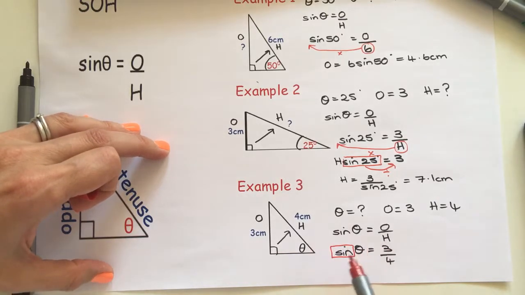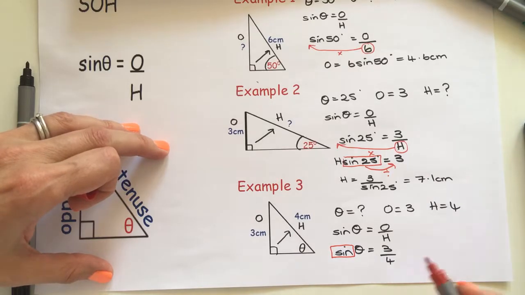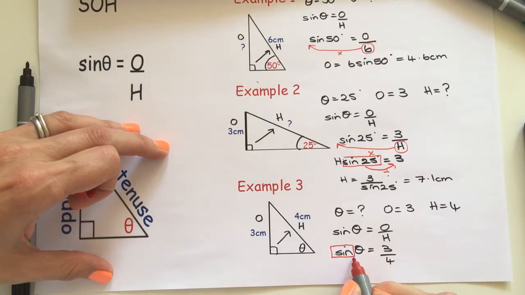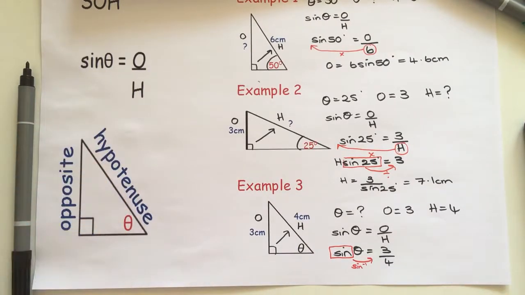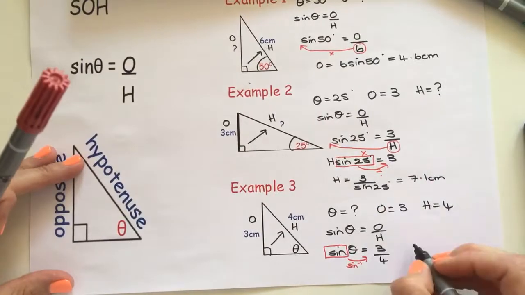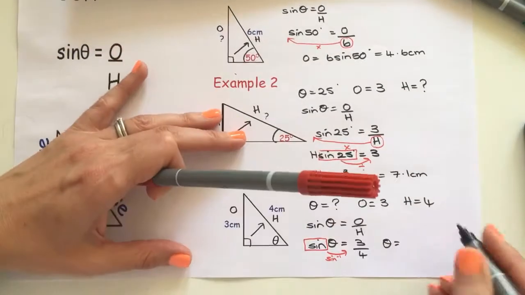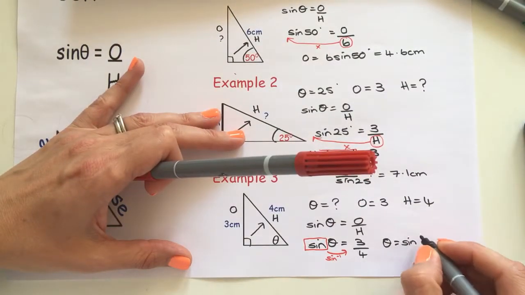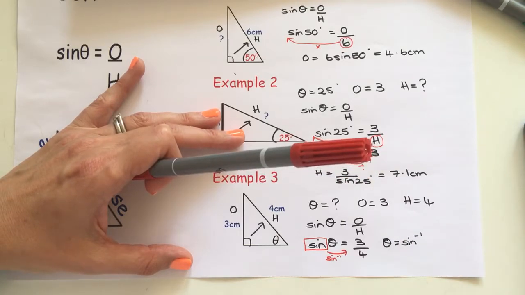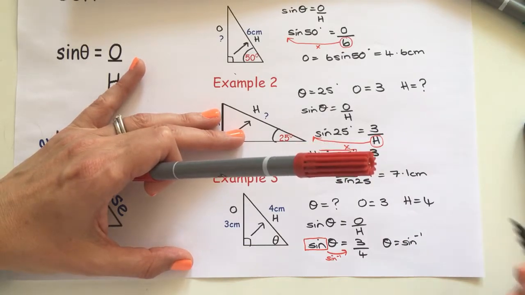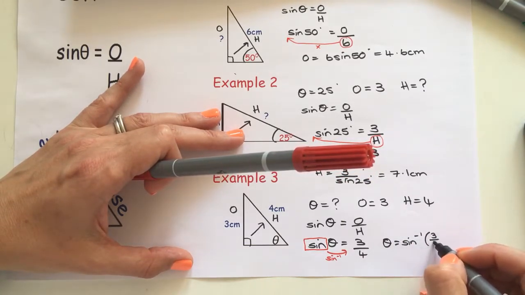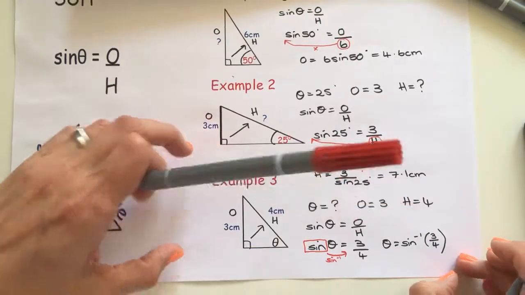Now it's not multiplied onto theta, so to do the opposite of sin, we need to do sin to the minus 1. So theta equals sin to the minus 1, the inverse of sin, which is the opposite of sin, of 3 over 4.